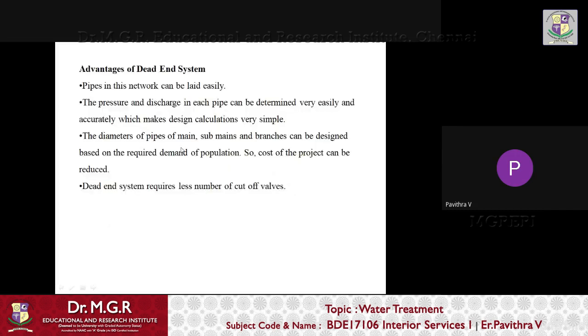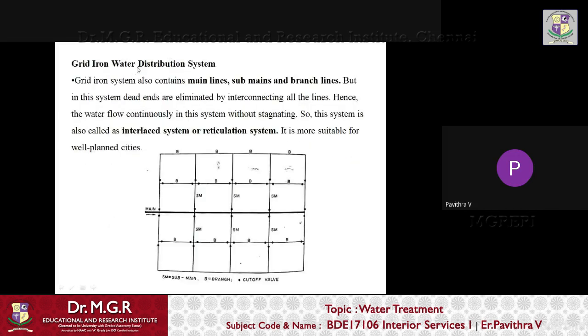But in the grid iron system, there is no dead end, as the whole system is interconnected one after the other. Hence, the water flows continuously in the system without stagnating. So this system is called interlaced system or reticulation system.